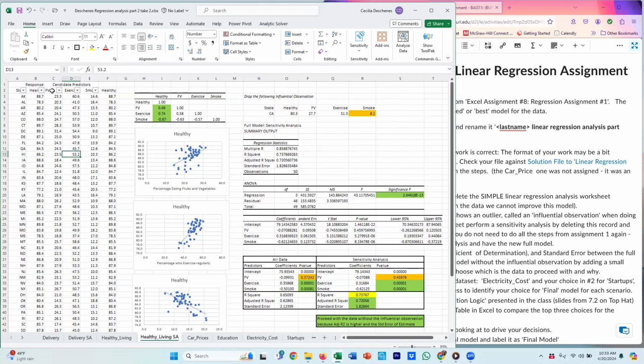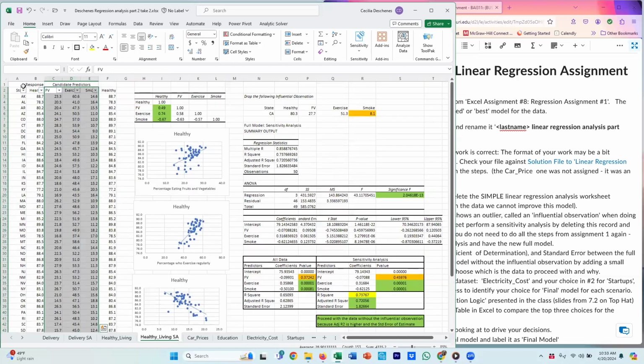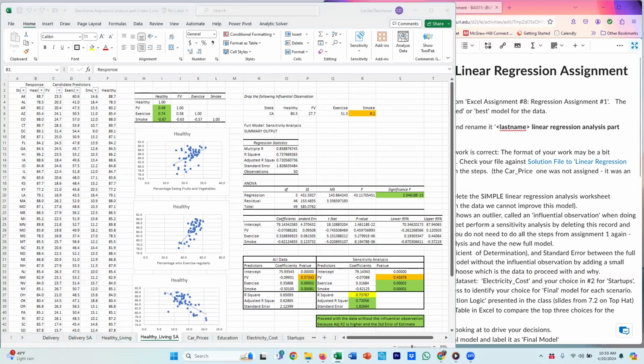because FV is on the outside of the data, so remember, let's make sure we keep ourselves straight. So this is our response, healthy. We want to predict who's going to be healthy, the goal of this modeling, based on these three characteristics.